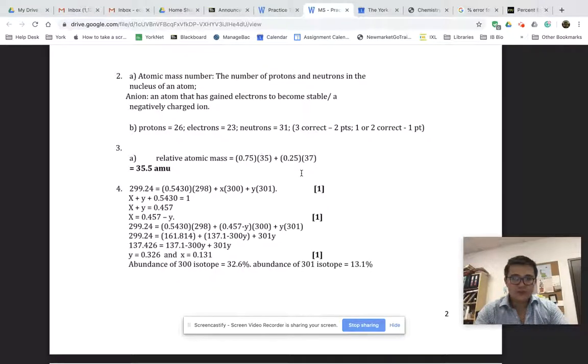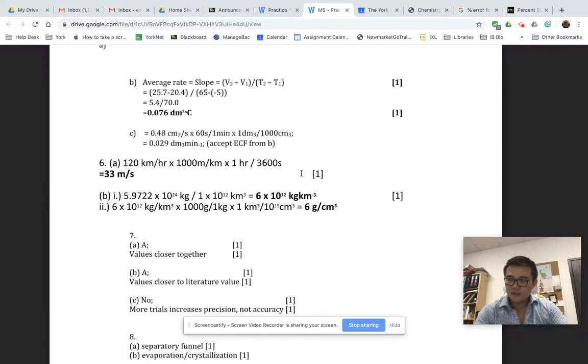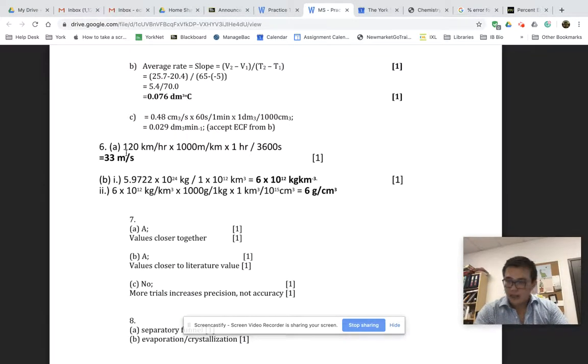Number 6A. You have 120. That's a given value, so it's 2 sig figs. Your answer is 2 sig figs.